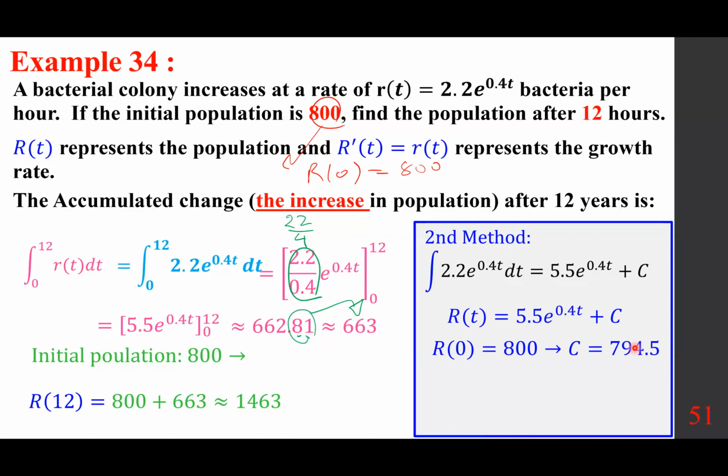C becomes 794.5 because if you replace t with 0 in R of 0, you get 800 equals 5.5 e to the power of 0, which is 1, plus a constant. And I hope you see that from here, we can get to this answer. So it's very straightforward, everybody.